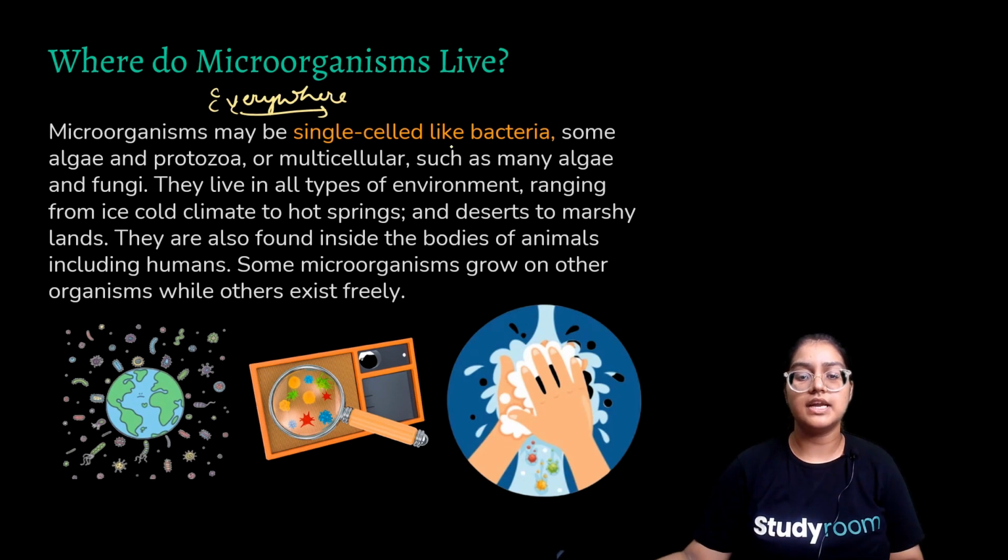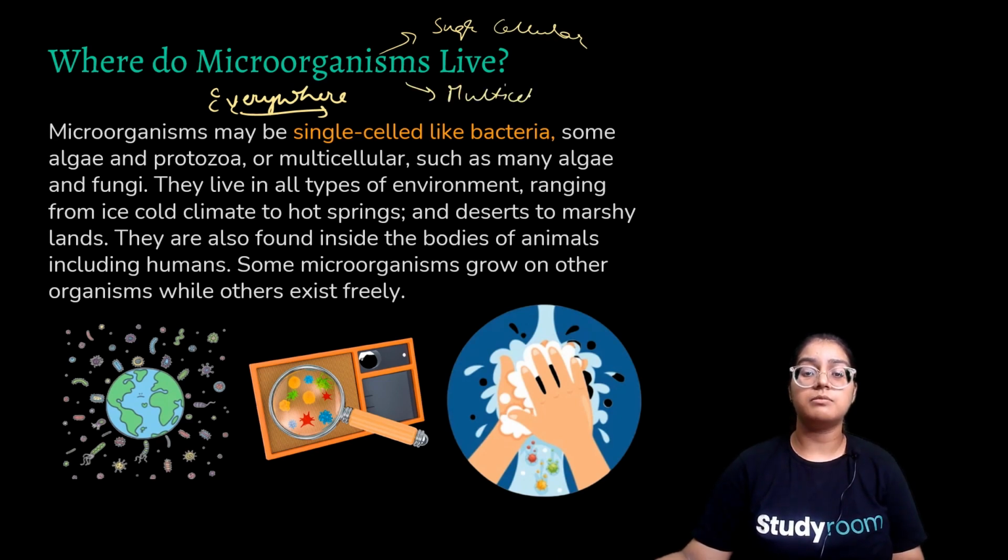Microorganisms may be single cell like bacteria, algae, protozoa, or multicellular like algae or fungi. So they can be single cell or multicellular. Single cell means it consists of a single cell, and that single cell governs the whole body. And multicellular means, for example, us, we are multicellular organisms. We have many cells in us.